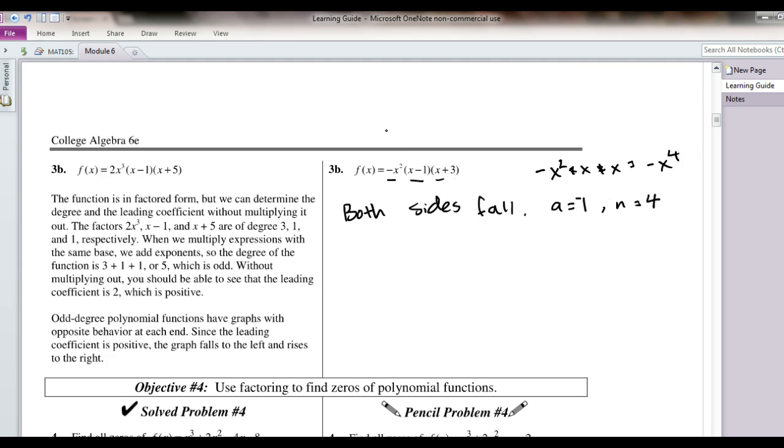Also notice one other interesting thing. We know what's going on at the zeros here. There's 3 zeros. X equals 0, x equals 1, and x equals negative 3 are the 3 x-intercepts.